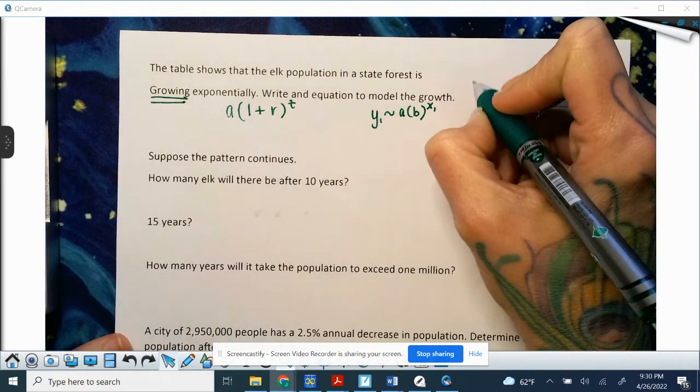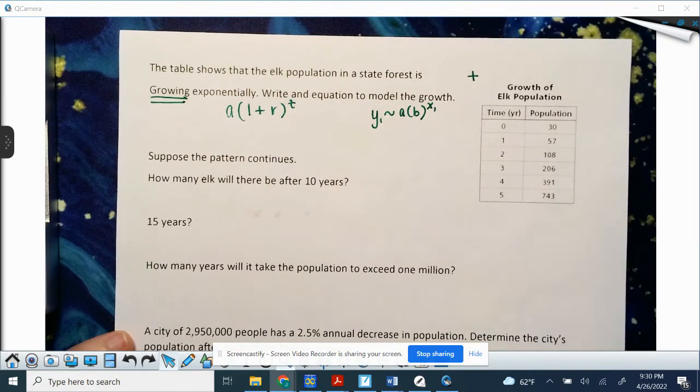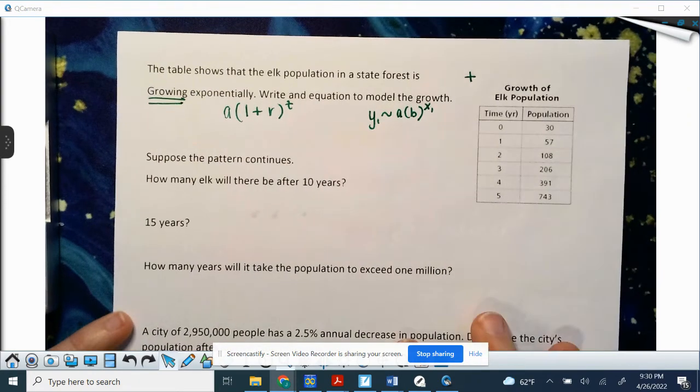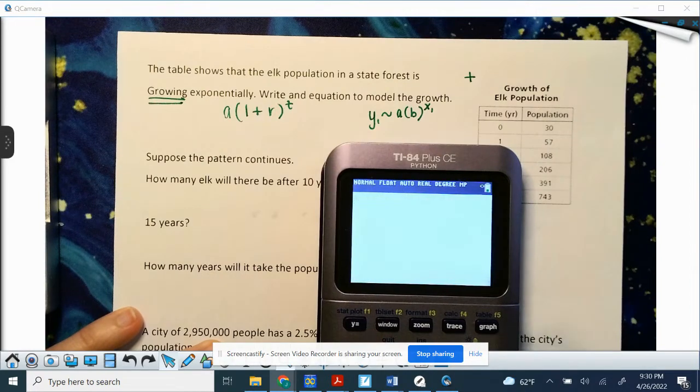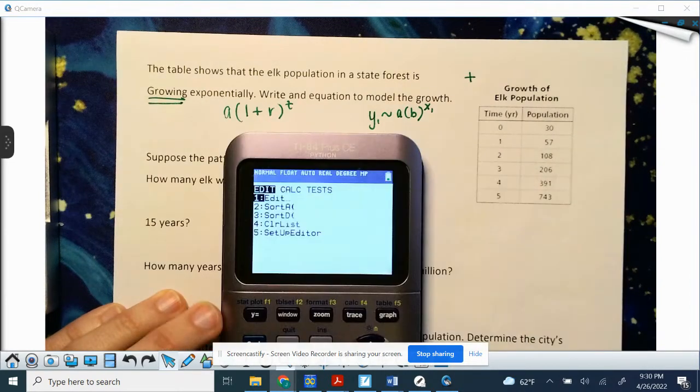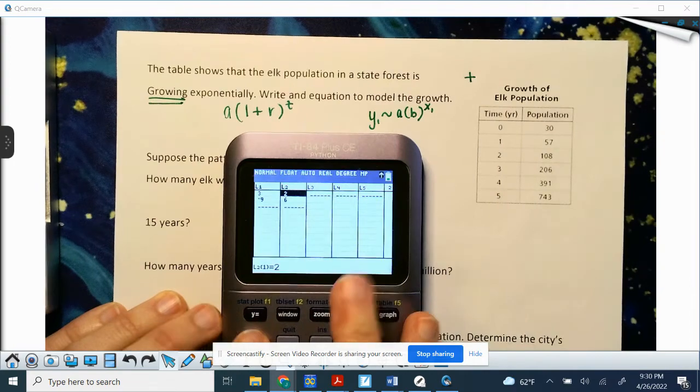And that's over when you add the plus in the upper left-hand corner, you can put in the table. But if we don't have that, we can use our calculator here and you can type in your table in there as well. So stat, edit, and put in our table.